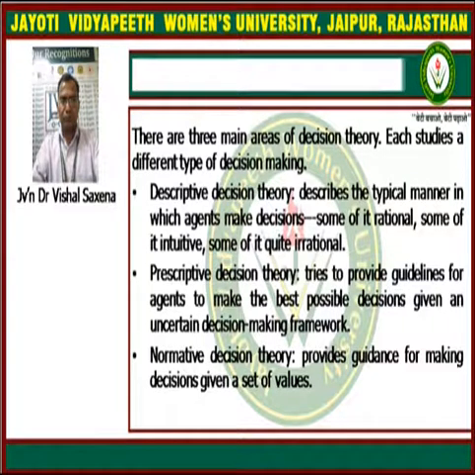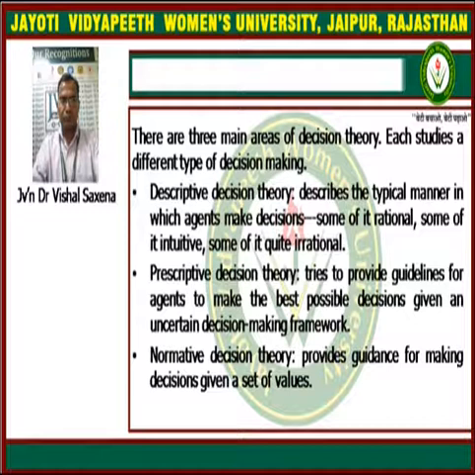Descriptive decision theory describes the typical manner in which agents make decisions, and some of these decisions are rational, some are intuitive, and some are quite irrational.